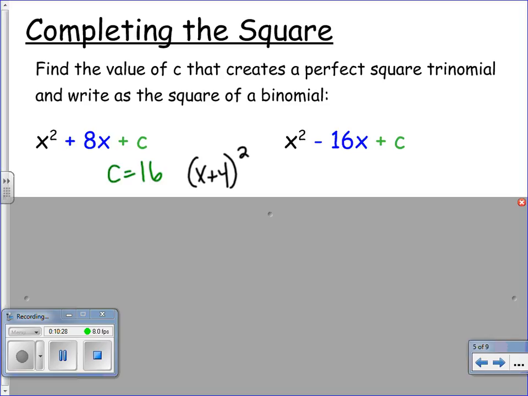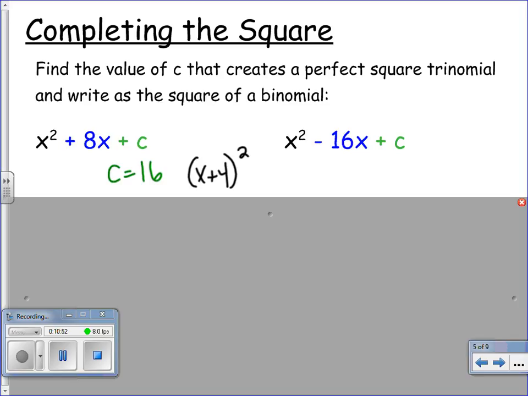So using Jackson's same method, what's the number that completes the square for x squared minus 16x plus c? How would you find the number here? Damon? Would it be 64?